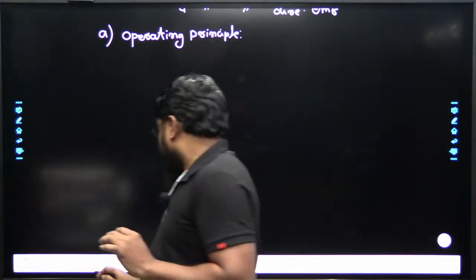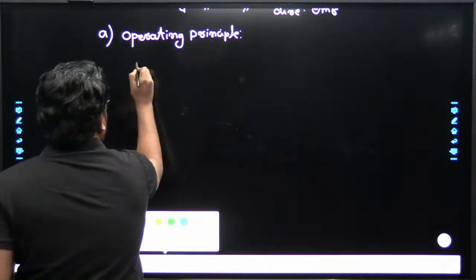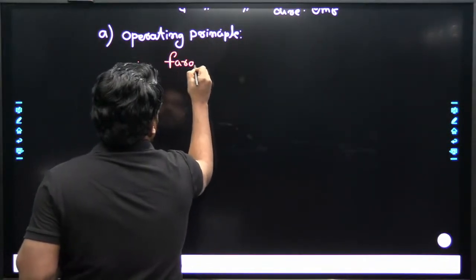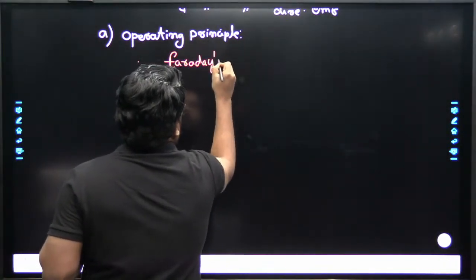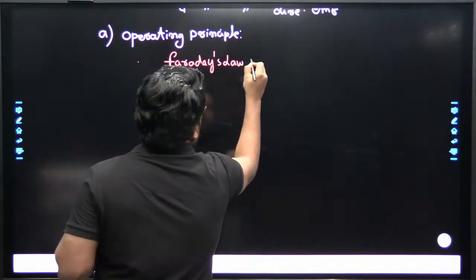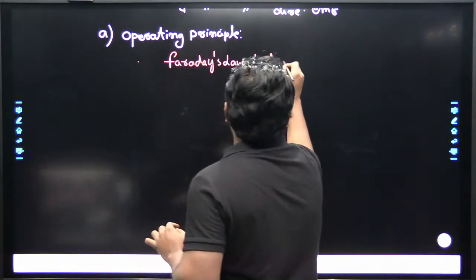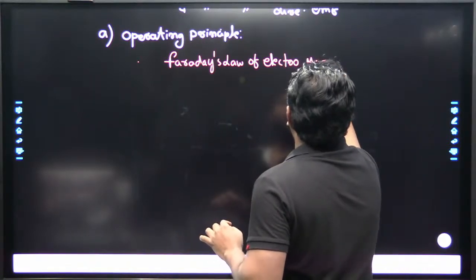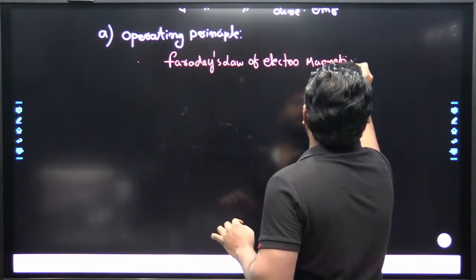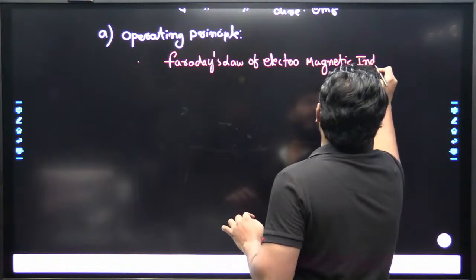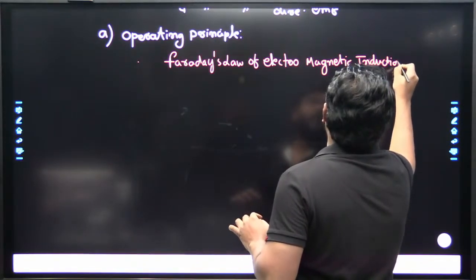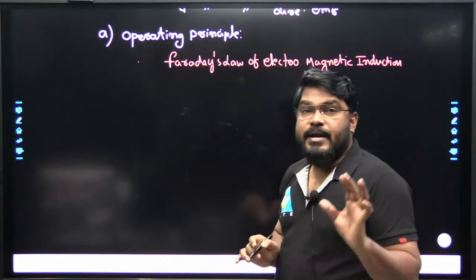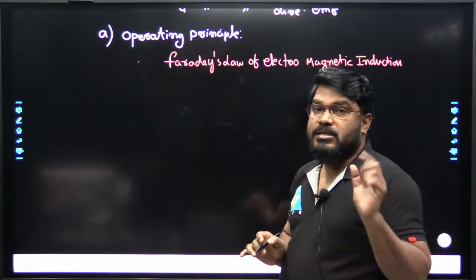So the transformer operates on the principle of Faraday's laws of electromagnetic induction. We have two laws: Faraday's law of electromagnetic induction, first law, and Faraday's law of electromagnetic induction, second law.